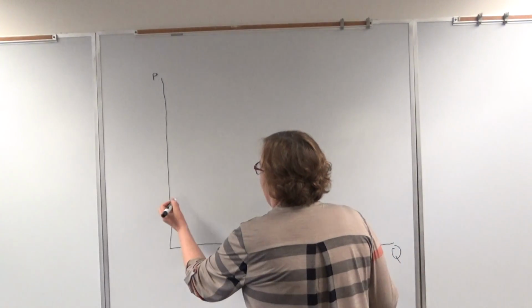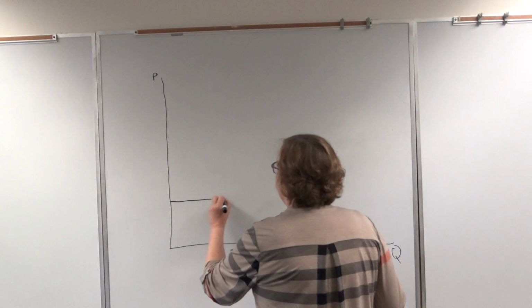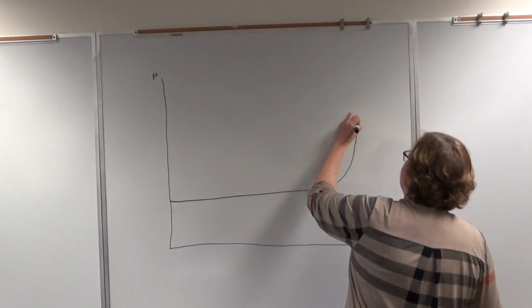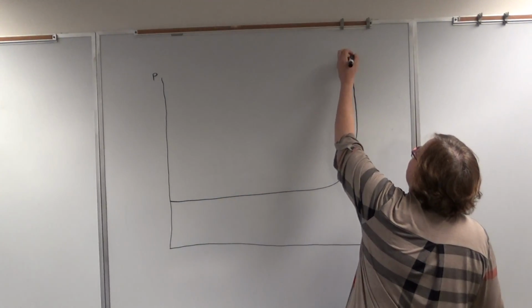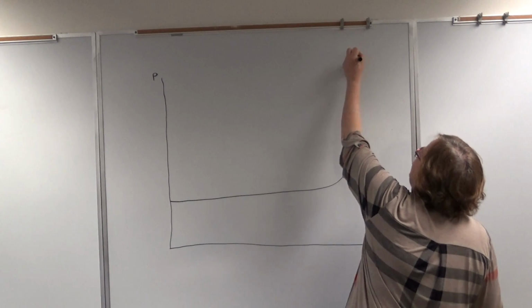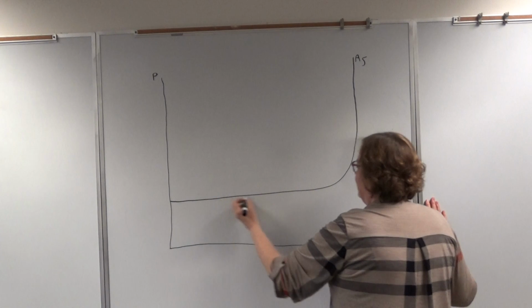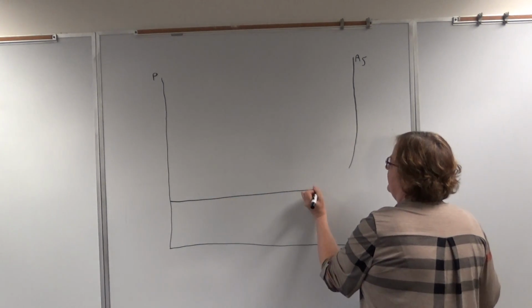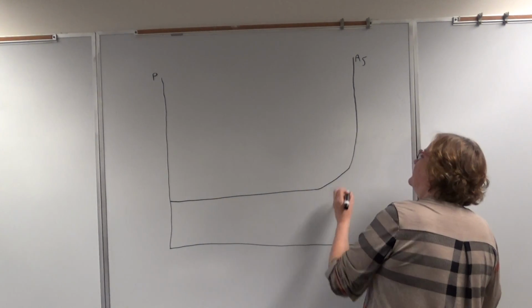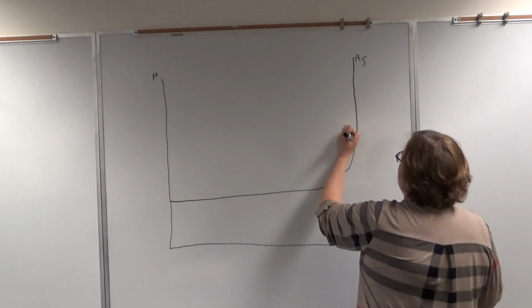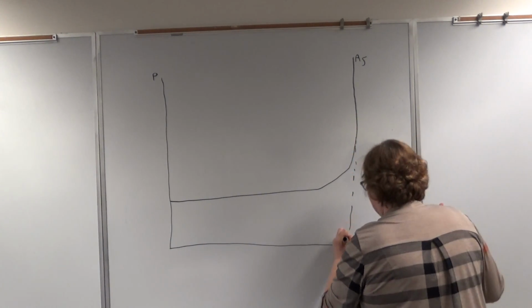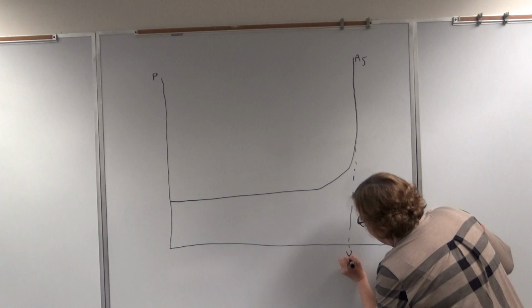And so aggregate supply tends to look like this in the long run. It doesn't just go like that. It tends to be very flat and then reach a point where it starts to go up, and eventually you basically run out of stuff you can produce anymore.